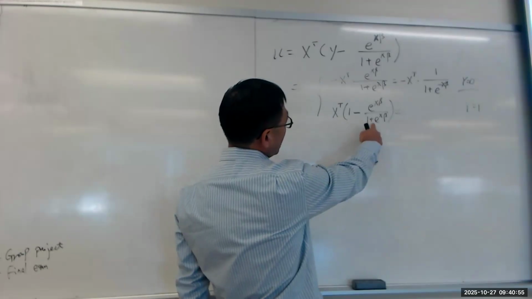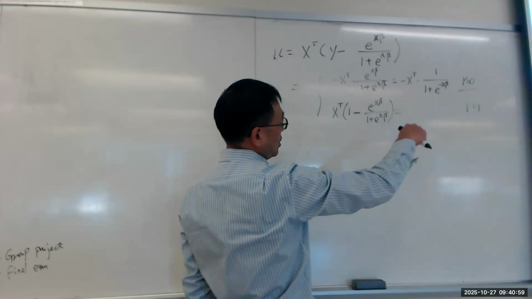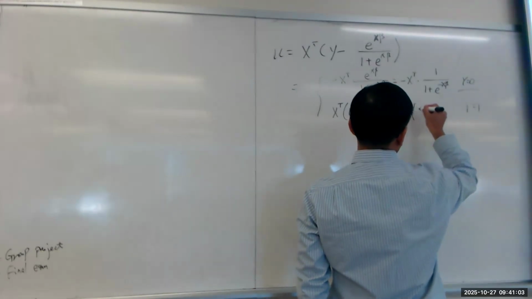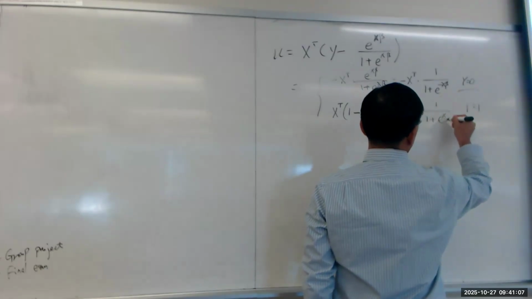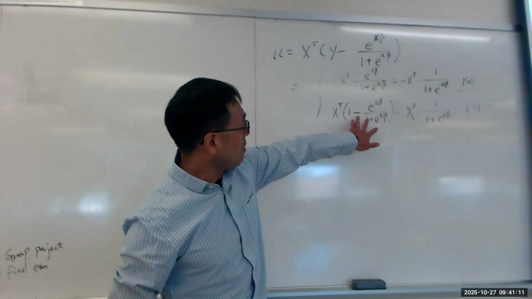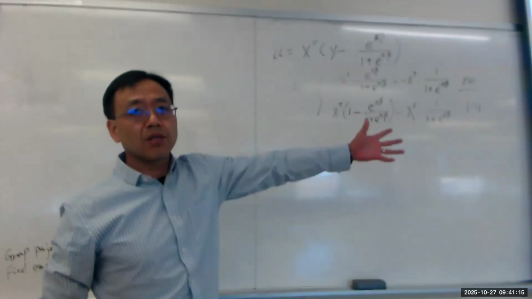Now, 1 minus e to the x beta over 1 plus e to the x beta essentially is equal to 1 over 1 plus e to the x beta, right? So this second term is equal to x transpose times 1 over 1 plus e to the x beta, because the numerator becomes 1 and the denominator stays the same.